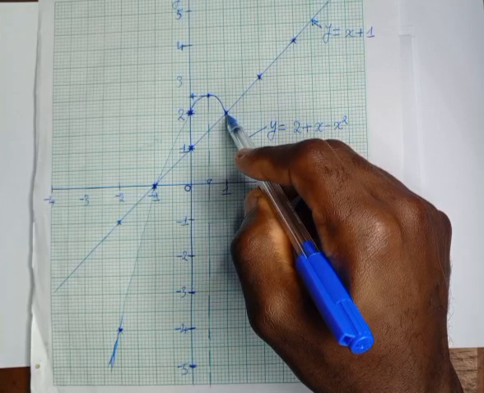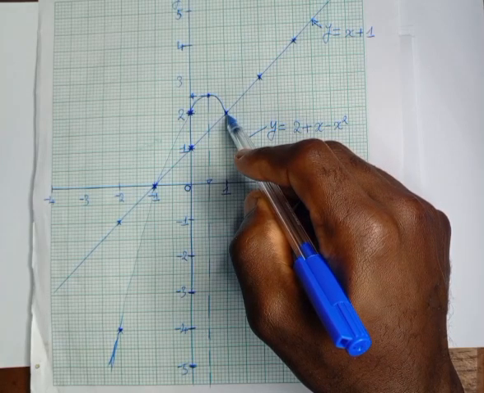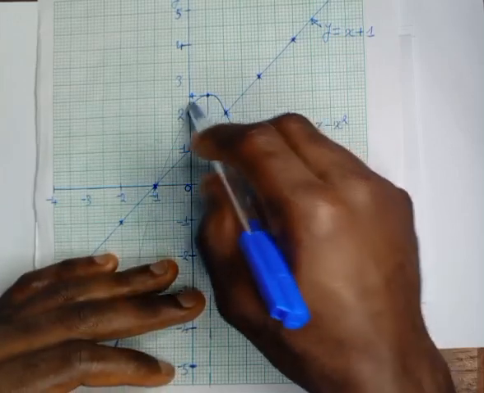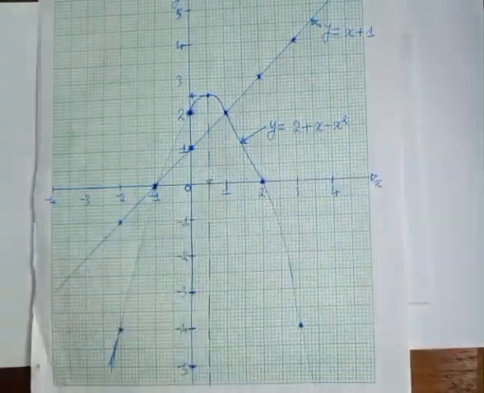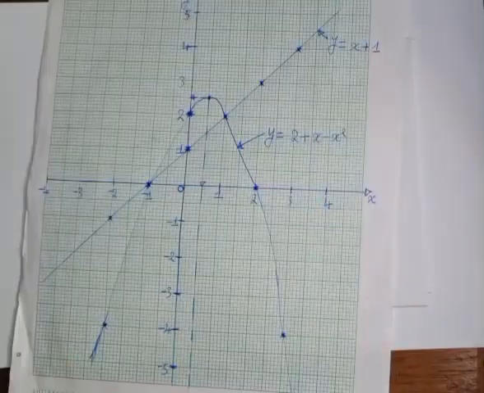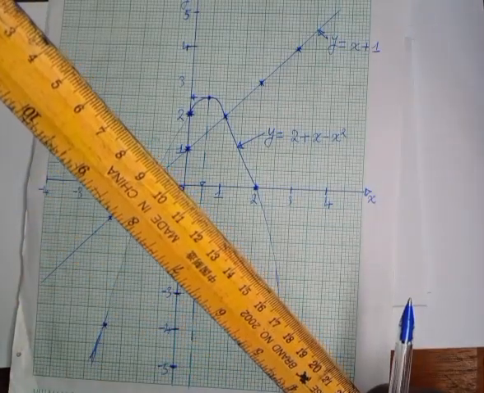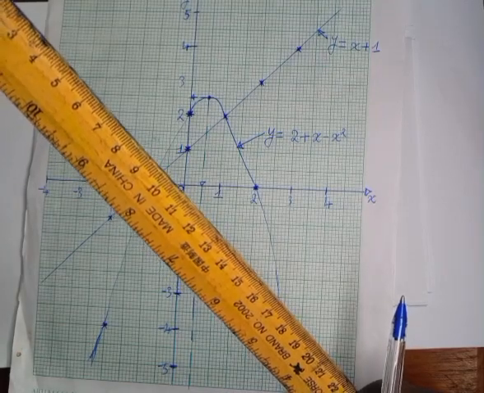They're asking us to estimate to 1 decimal place the gradient of the curve, this curve, at this point. So at this point, what we are going to do is draw a tangent to the curve at that point. And after drawing the tangent, we can calculate the gradient.